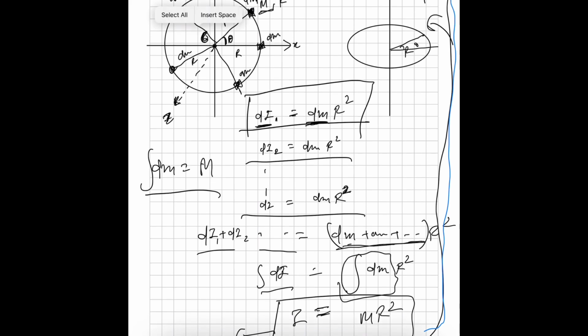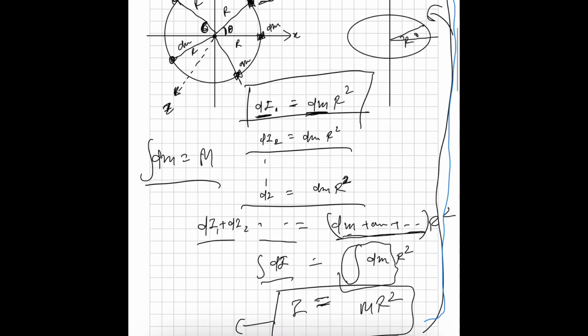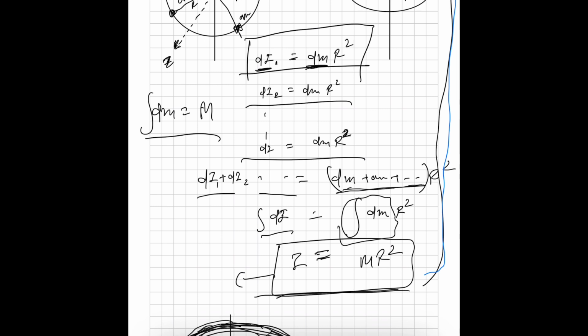I know dm will be different, but the total sum will be M, and the distance is constant, so the integration doesn't really depend on that, and the sum of dm will give me capital M.